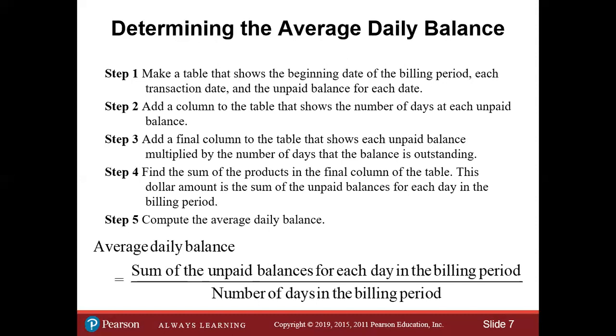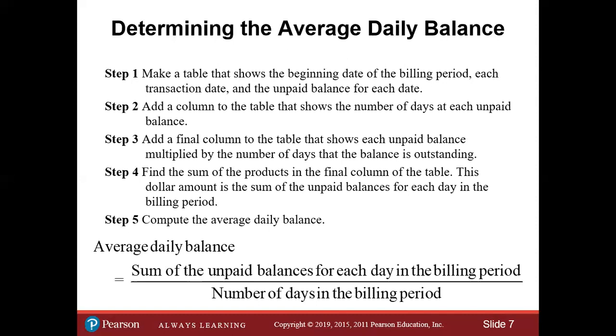So I need to keep track of how many 50s I have. So if you're not going to list out every single day in the period, then you're going to need to multiply by how many days you were at that balance.